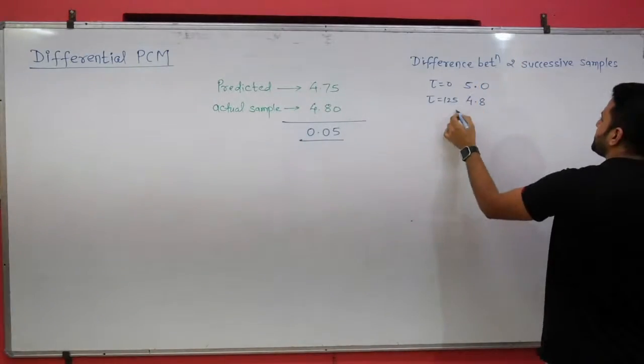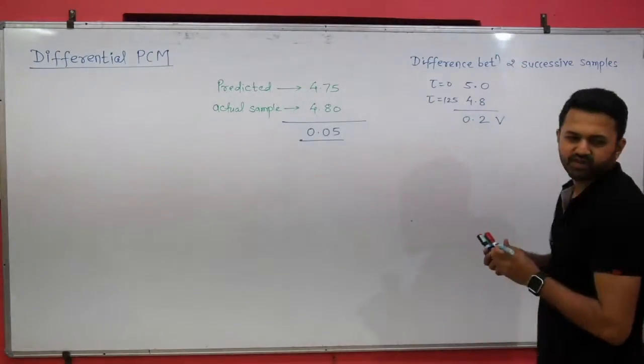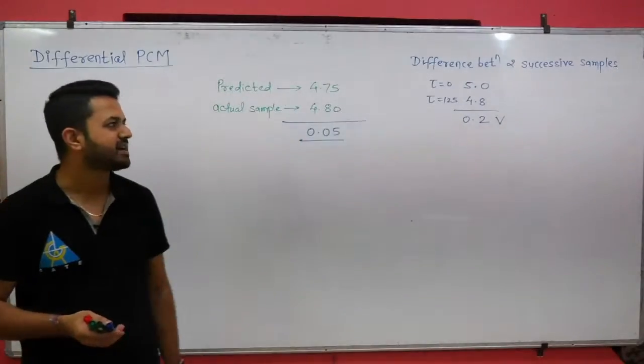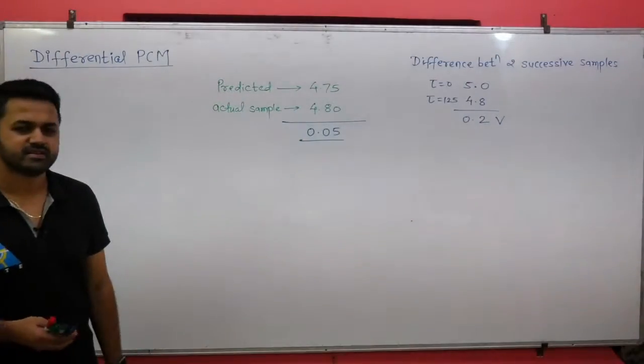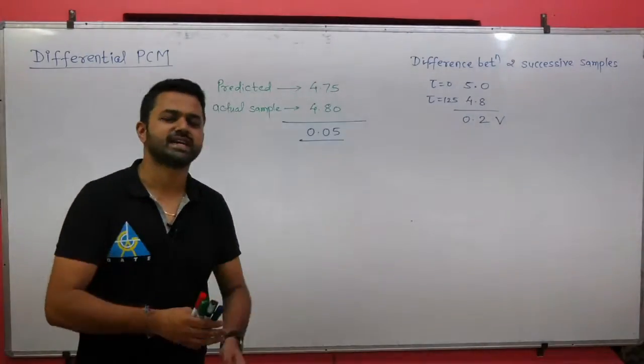And the difference between these two is 0.2. So which one is better? Now tell me, in these two methods, which one is better? Which one will give you less quantization error?